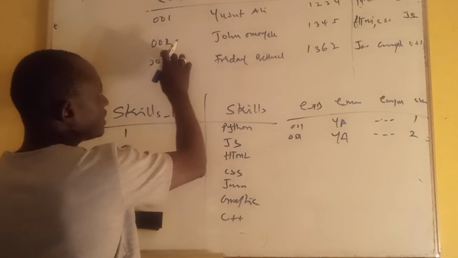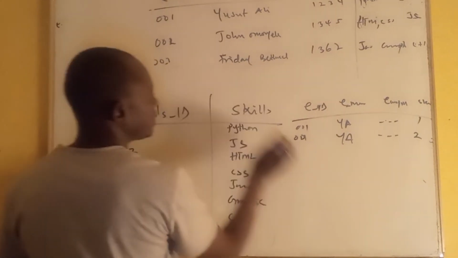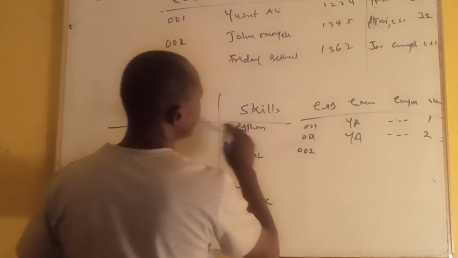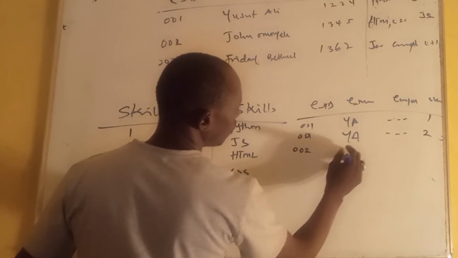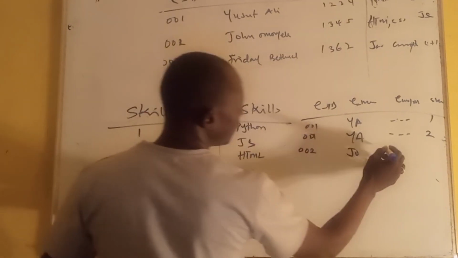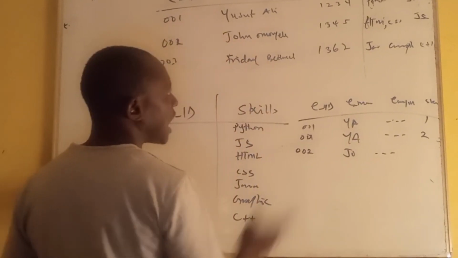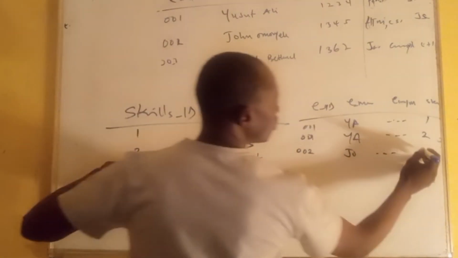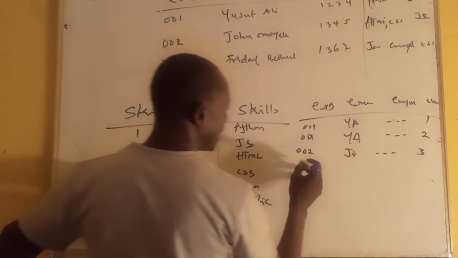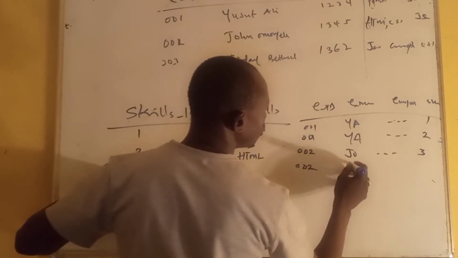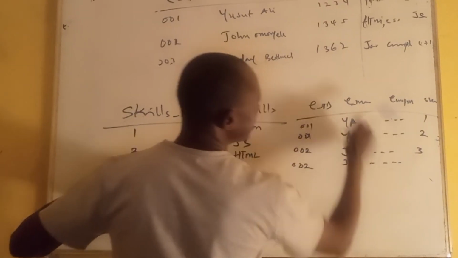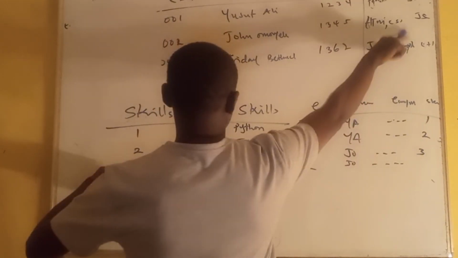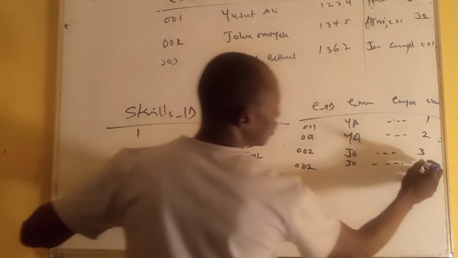The third one, this next person, is 002, which is John Omoyele. He has his phone number and he has HTML skills. HTML skills is taught, so he has 3. Then the same 002, John Omoyele, has another skill of CSS, which is 4.